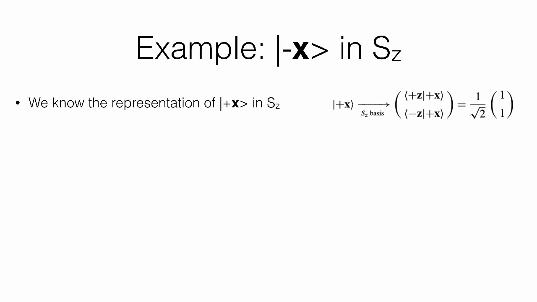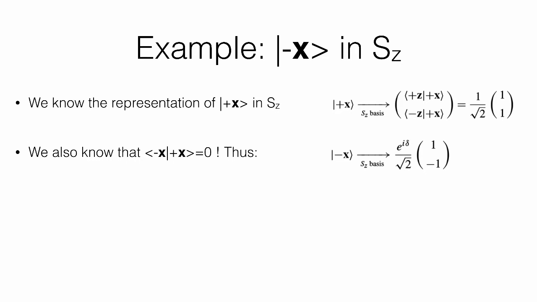Remember, what is the probability of finding a state that's initially in plus x in a minus x state after a Stern-Gerlach x measurement? That's what it really means. So in other words, we know this has to be 0. Thus, the best way to get that is to find that the minus x state should be given by a column vector with 1 and minus 1 as the two elements and a normalization factor in front.